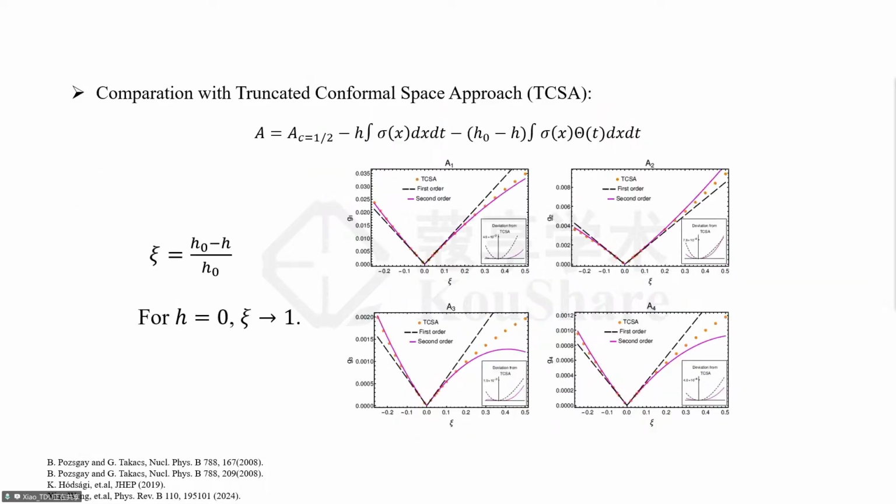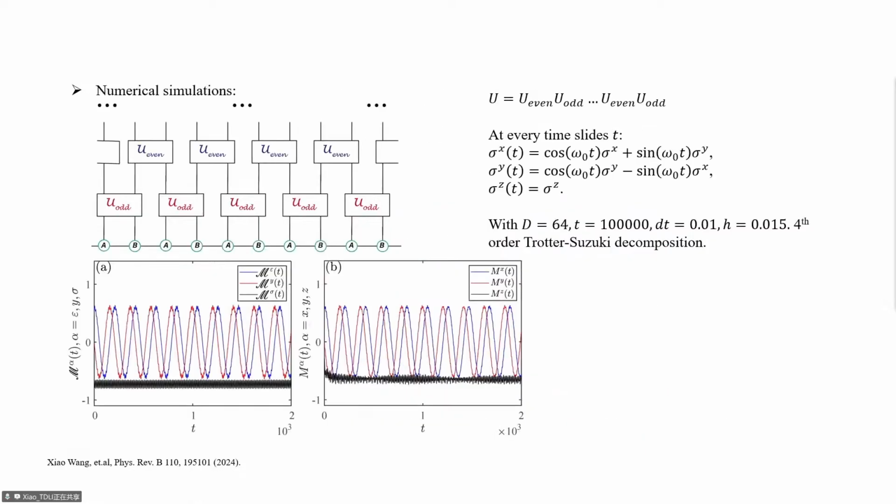We can compare the results of the perturbative framework with some other types of numerical methods, such as the truncated method, and it compares quite well. However, for the high energy states, this will deviate away from the truncated method. But we also did a numerical simulation using the infinite time evolving block decimation algorithm.